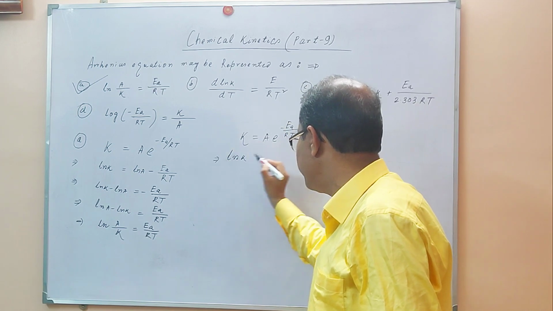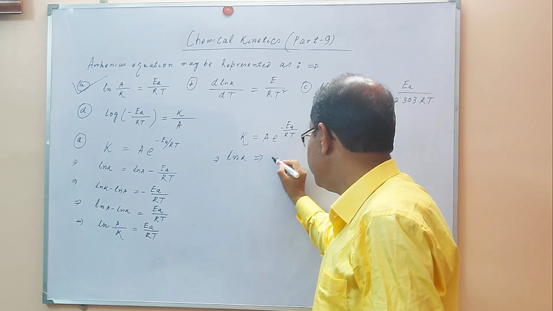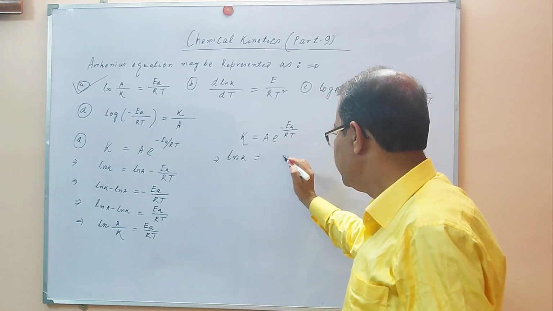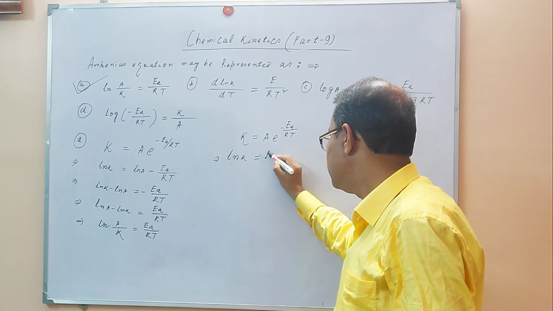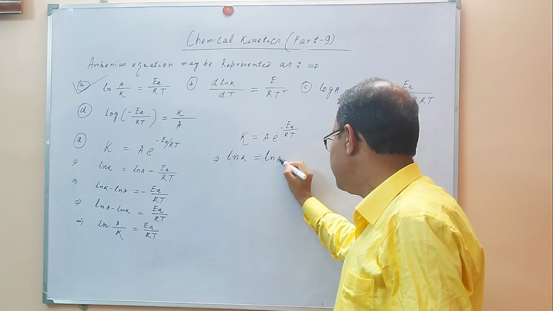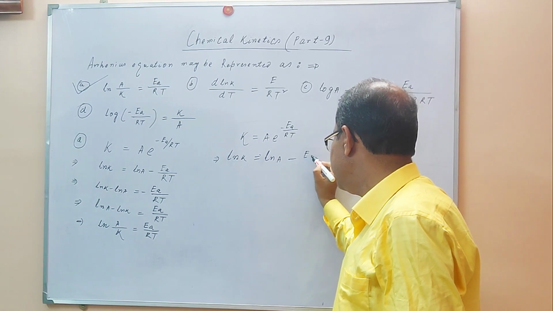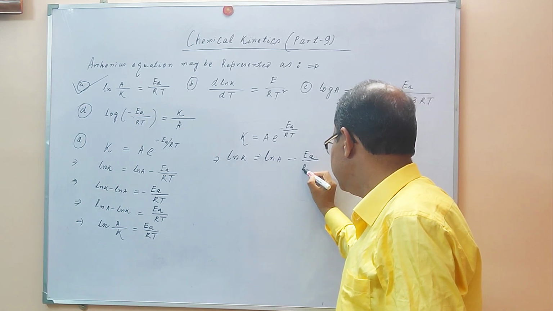So in the similar way that we have done previously, ln K equal to ln A minus EA by RT.